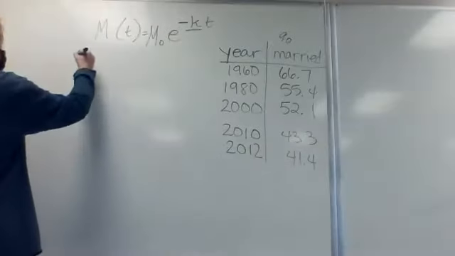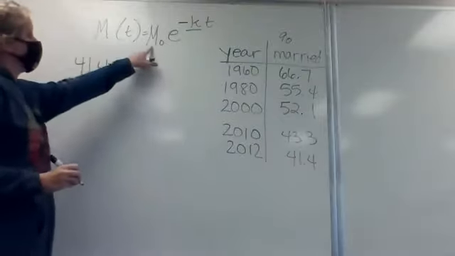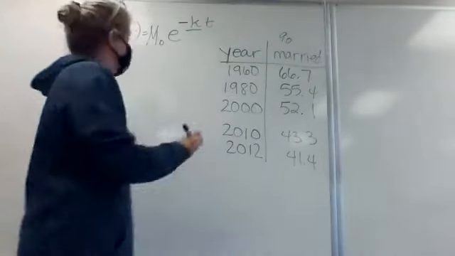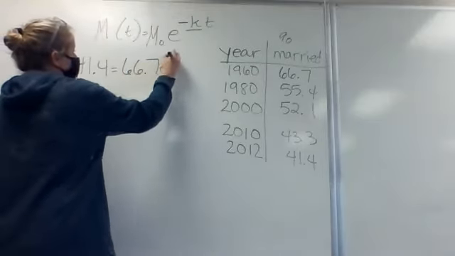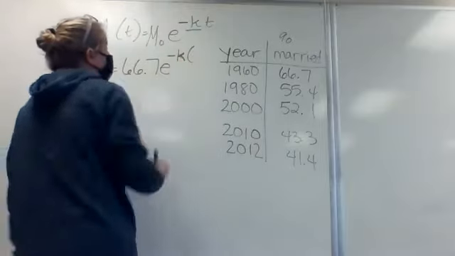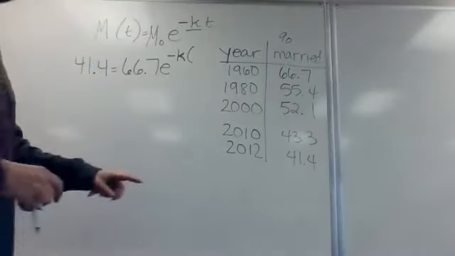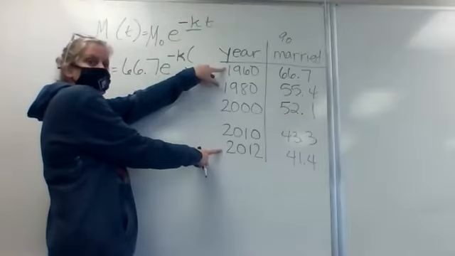41.4. What was the beginning percentage married? 66.7. E to the negative, looking for K, so I don't know K. T, I do know how many years it took because I knew this one was in 1960 and this one's in 2012.